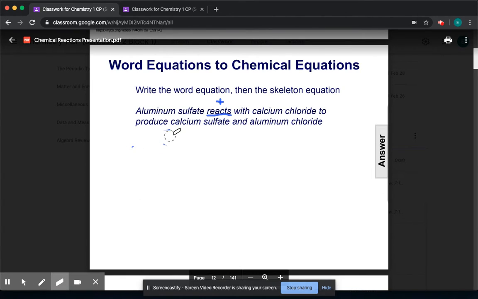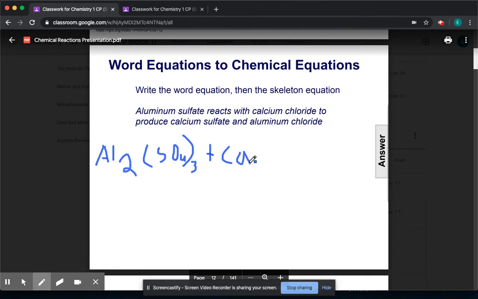I'm going to skip the word form and just go straight to the symbolic form. So what is aluminum sulfate? If I remember the charges correctly, it would be Al2(SO4)3. Reacts with calcium chloride.